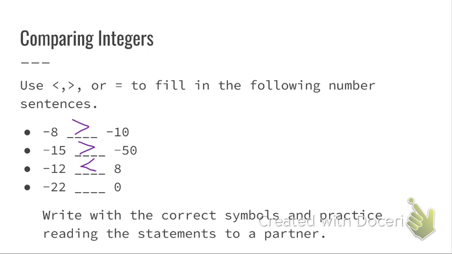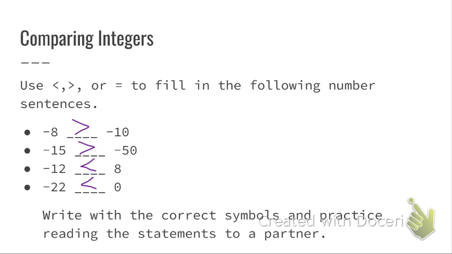What about 0? Negative 22 or 0. Which of those temperatures would be warmer? 0 is cold, but negative 22 would be colder. So think about how you would read each of these.